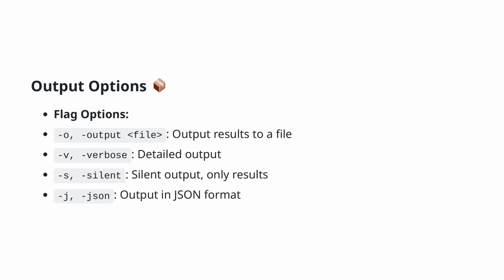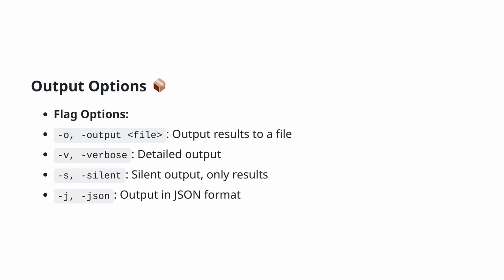The -s or -silent flag silences all output except the results themselves. This is useful for scripts where you only need the final outcomes without any additional information. Lastly, the -j or -json flag outputs the results in JSON format. This can be useful for integrating with other tools or parsing the data programmatically. These flags give you flexibility in how you capture and view your results, making the Favirecon tool adaptable to different workflows and requirements.